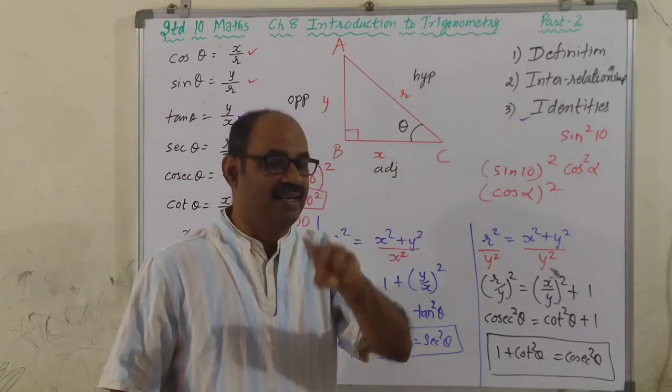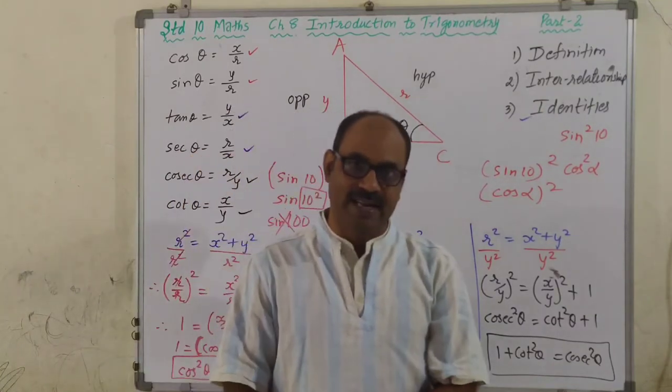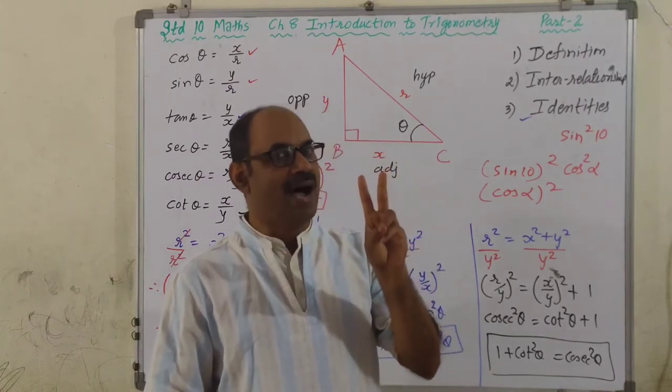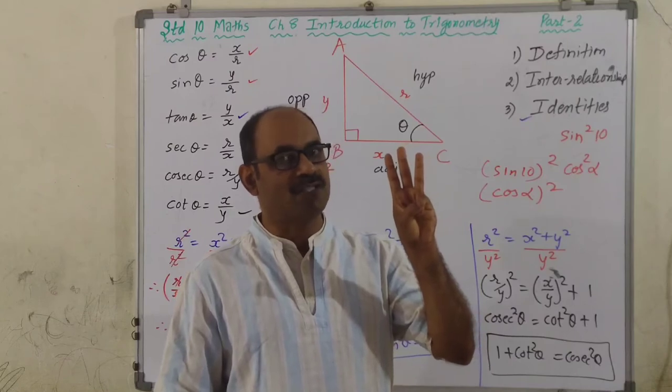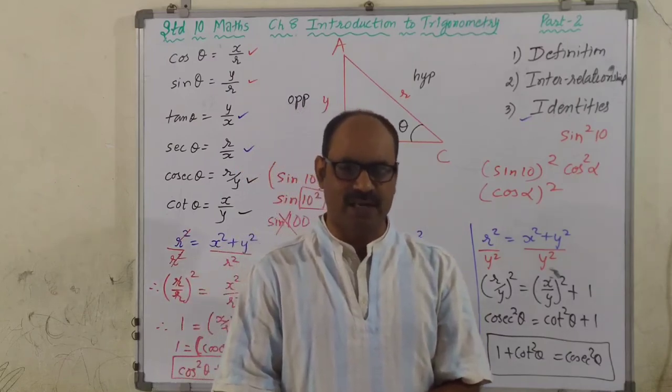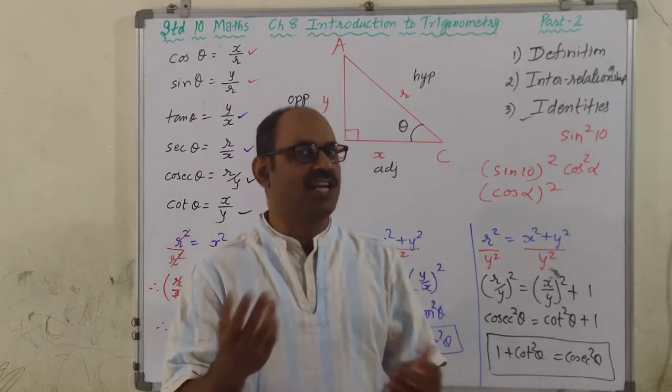There are three identities. Cos square theta plus sin square theta is equal to 1. Second, 1 plus tan square theta is equal to sec square theta. Third, 1 plus cot square theta is equal to cosec square theta. Instead of theta, I change the angle.